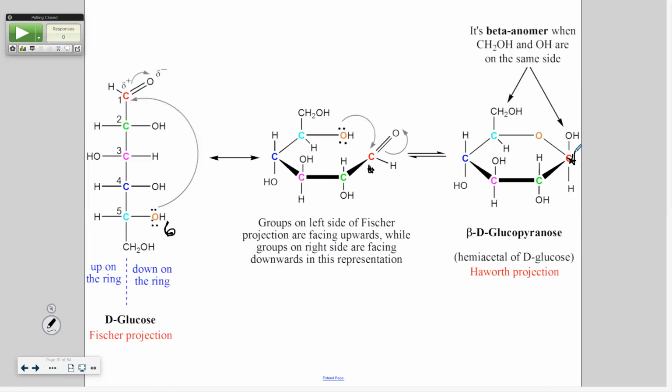Okay, so all of the hexoses, the ones that have 6 carbons, can do that. Okay, and these are the main forms of glucose. So do you know that there are things made out of glucose that we can eat? But there are also things made out of glucose that we can't eat because of the way the glucoses are hooked together.